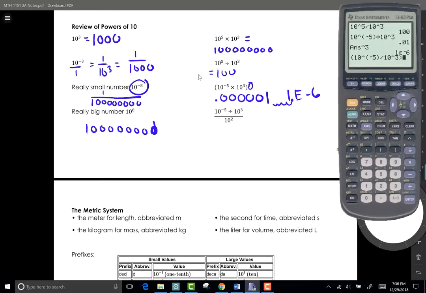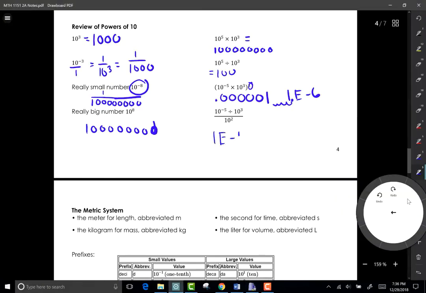Then I'm going to divide by 10 squared. That's going to give me 1e negative 10, which means 1, here's my decimal place, and I'm going to move it over 10 places. 1, 2, 3, 4, 5, 6, 7, 8, 9, 10. So I'm going to have 9 zeros.